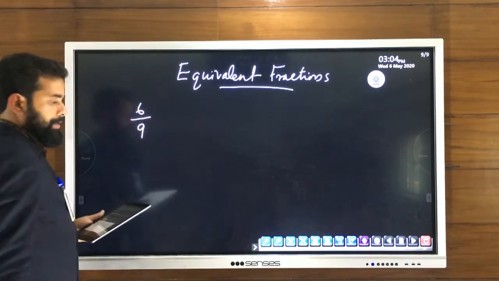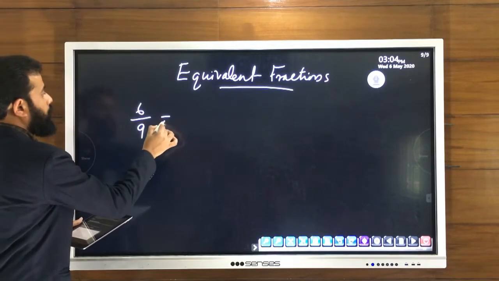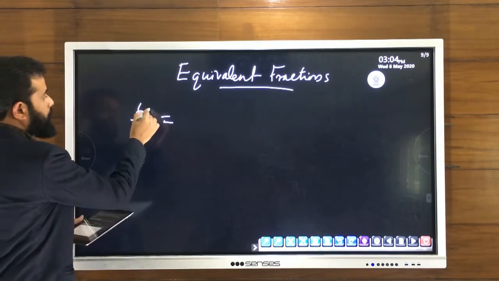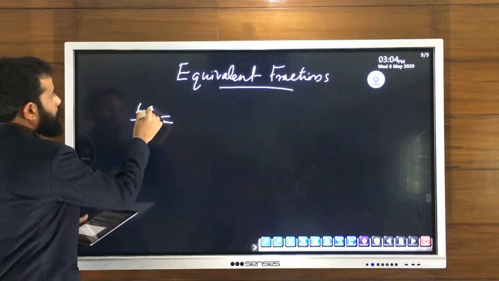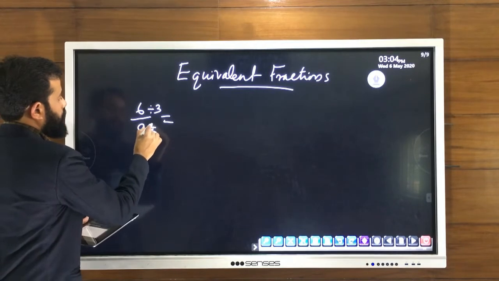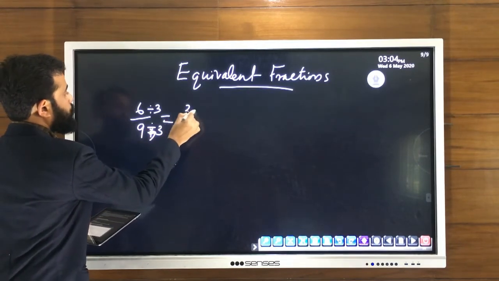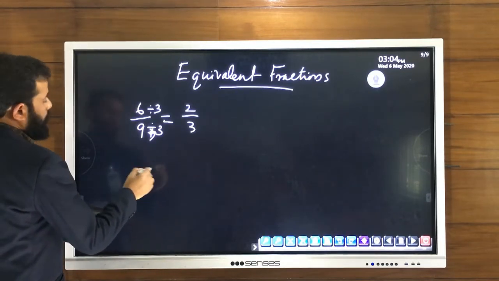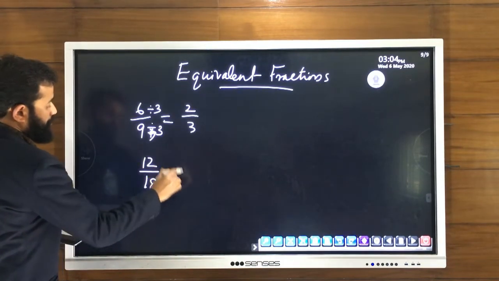6 divided by 9. What is its standard form? Both of them have a common factor, 3. Divided by 3, it is equal to 2 by 3. One more rational number, 12 by 18.